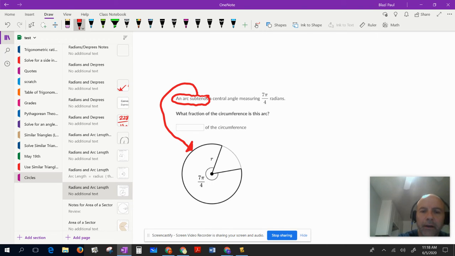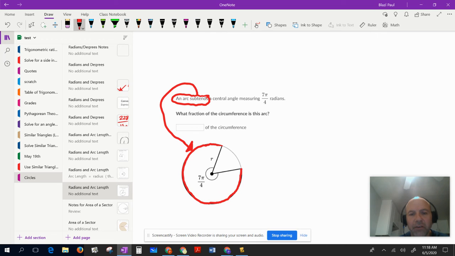That's the arc they're talking about. It goes all the way from here all the way around this circle to here. That's what they mean by an arc subtends a central angle. Now we can see that our central angle is measuring 7 pi over 4 radians.